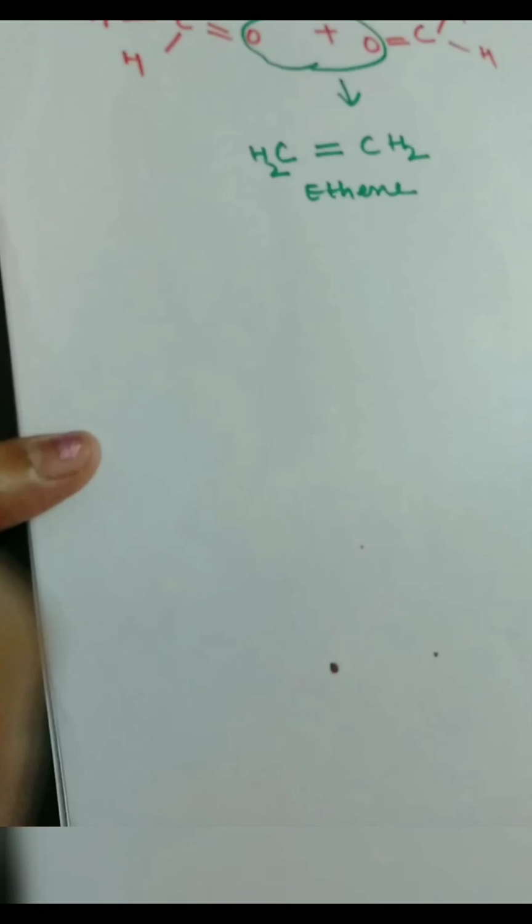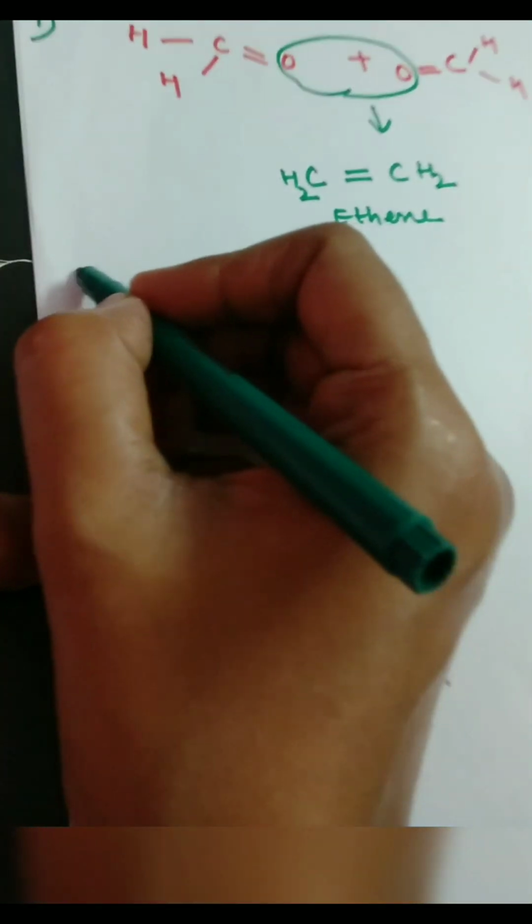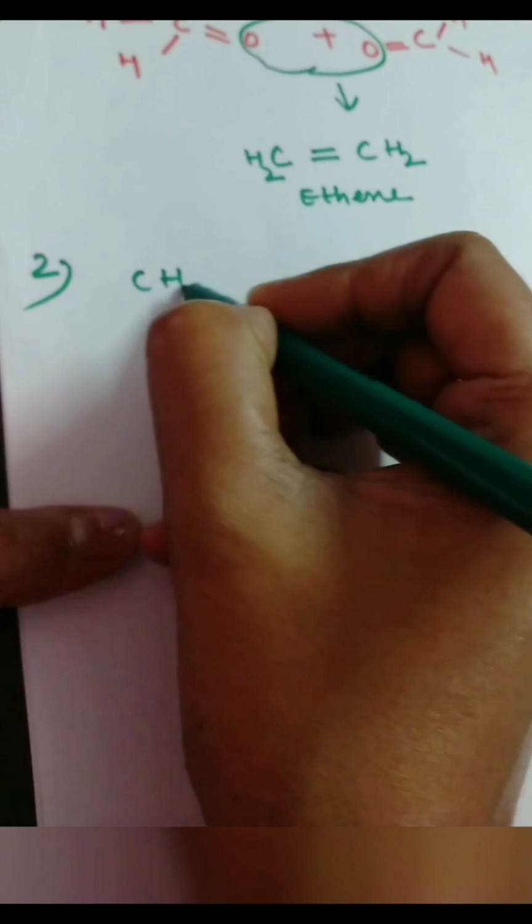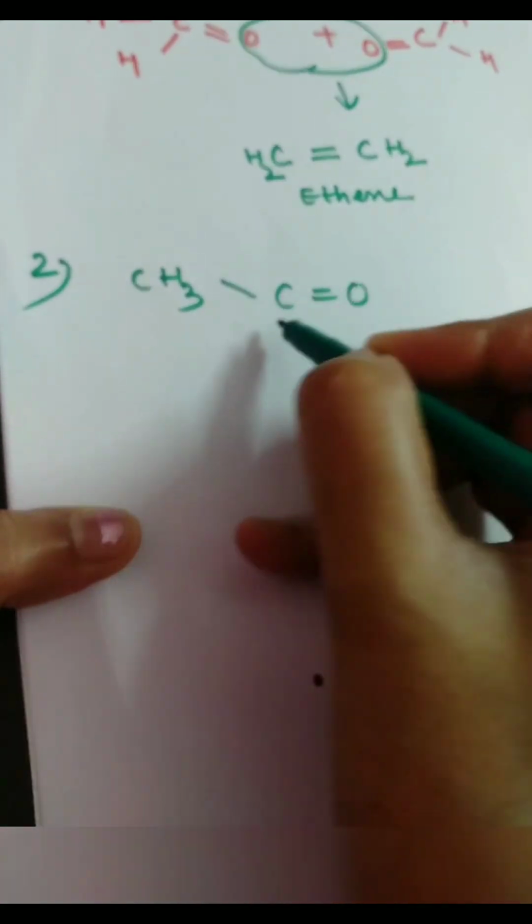Similarly, here the product is two molecules of acetaldehyde. If I write two molecules of acetaldehyde, this is CH3 CHO, one molecule of acetaldehyde, plus another molecule of acetaldehyde, CH3 CHO.